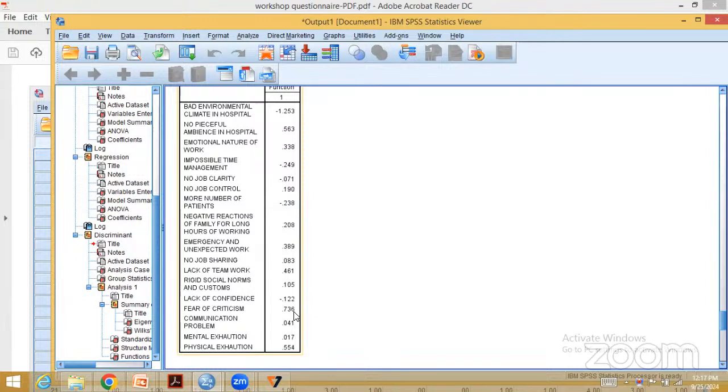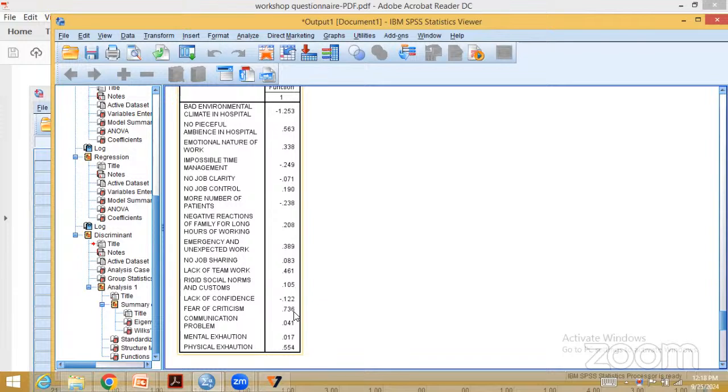It is significant because the chi-square is significant, Wilks lambda is significant. Therefore, we reject the null hypothesis and say that there is a difference in the factors affecting job stress for gynecologists working in government hospital and private hospital.